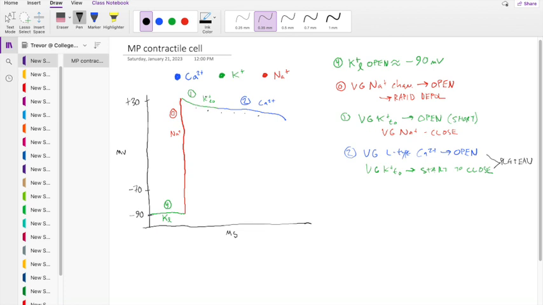And then we have our third event here, which, again, is going to be related to potassium. Let's see this. Repolarization. And this is going to be step 3. At step 3, we have these voltage-gated L-type calcium channels.